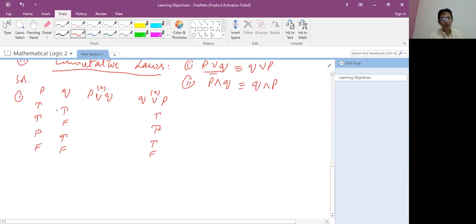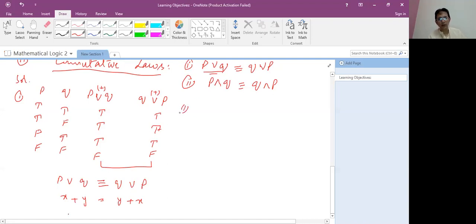So 1 plus 1 is 1, 1 plus 0 is 1, 0 plus 1 is 1, and 0 plus 0 is 0. They are logically equivalent. Therefore, P or Q is logically equivalent to Q or P. For example, x plus y is equal to y plus x, hence proved.